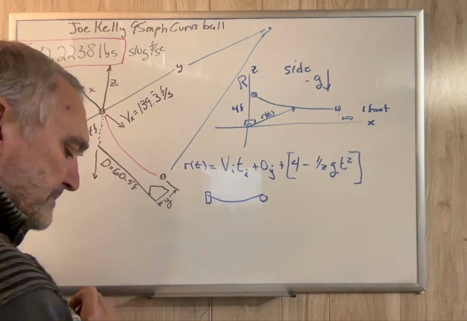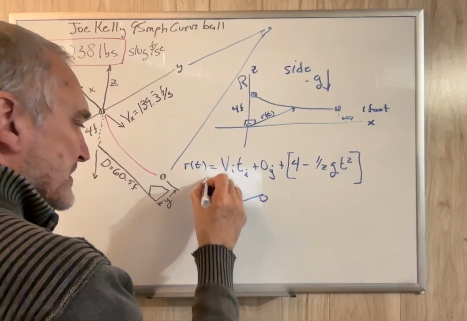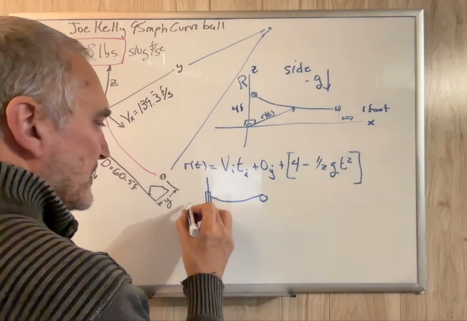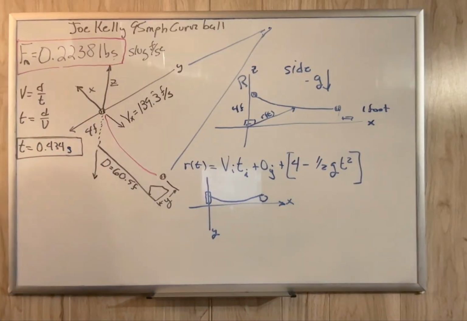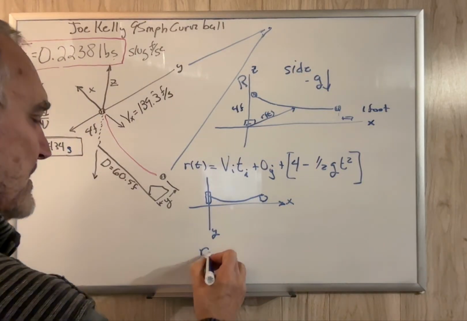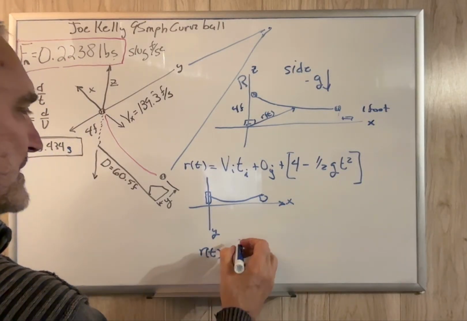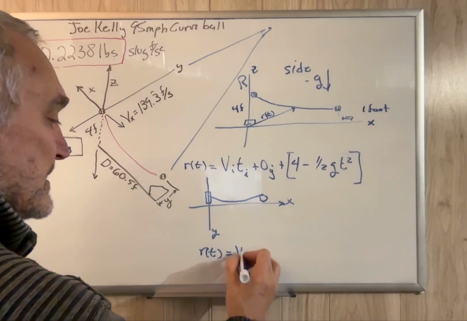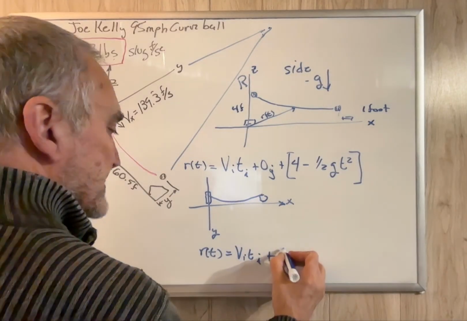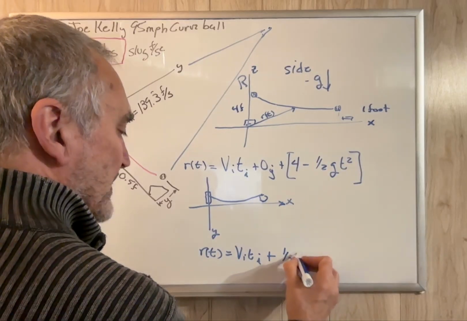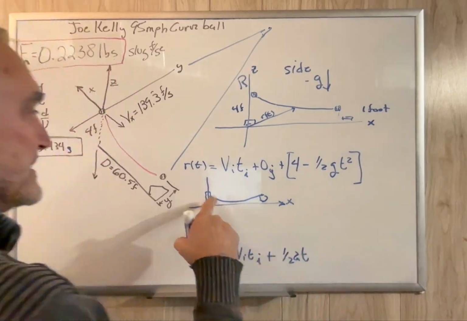If that's the case, then we know this is going to be Y, and this is going to be X. We can play the same game. We can say r(t), in this particular case, is going to be initial velocity times t in the i direction, plus one-half a t squared, because this is an acceleration.